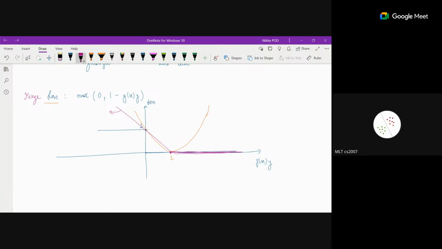If you look at this hinge loss, you can see that it is able to approximate my original 0, 1 loss in a proper way. It is also a convex function, and it is a better approximation than what we had gotten for the regression loss. It is doing a better job than what we had seen for the regression loss.